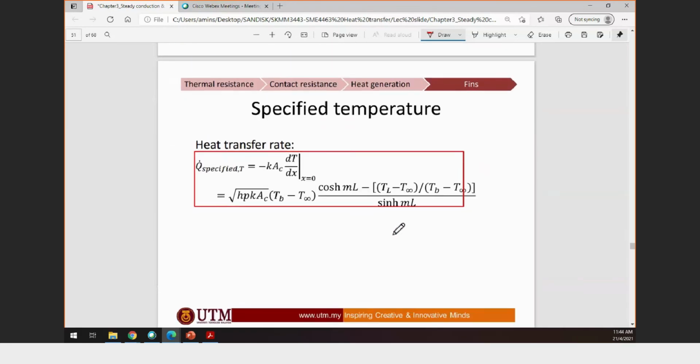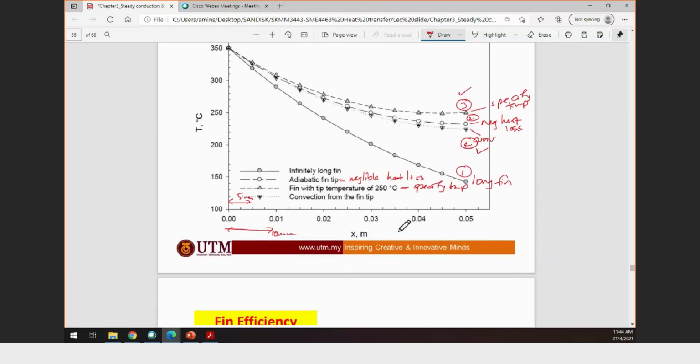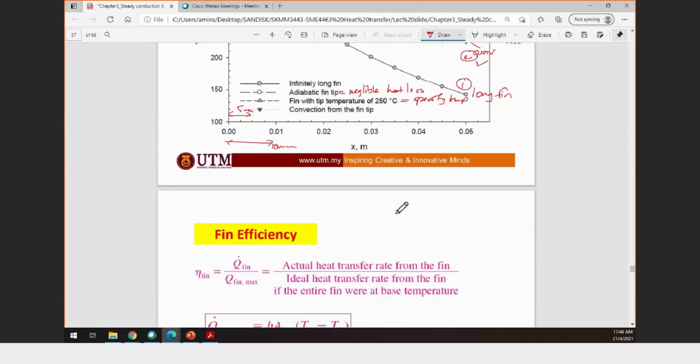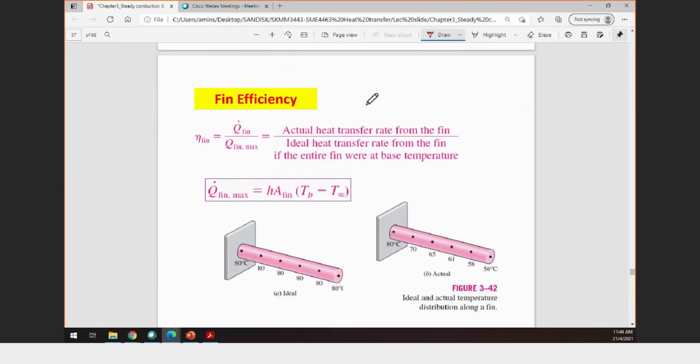Okay. Any question? Any question before we go to the next part, the fin efficiency analysis?